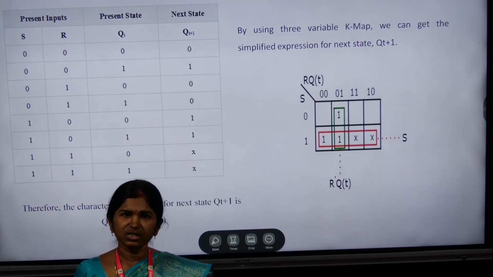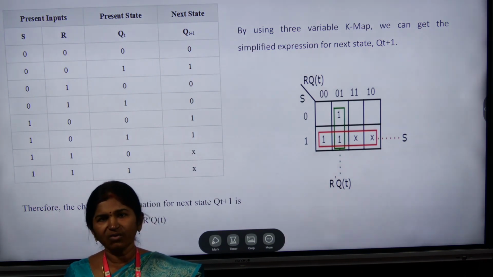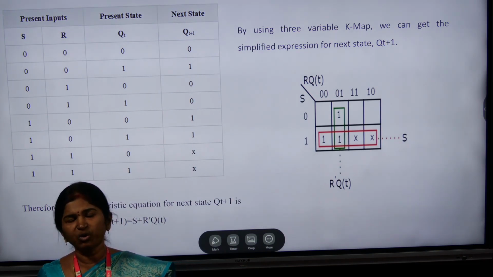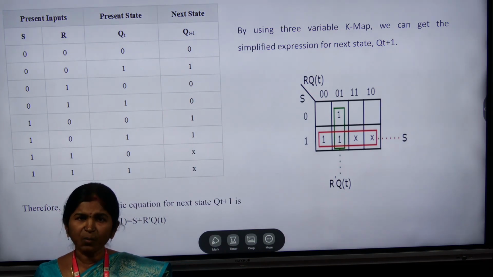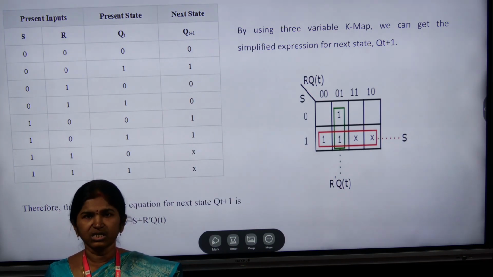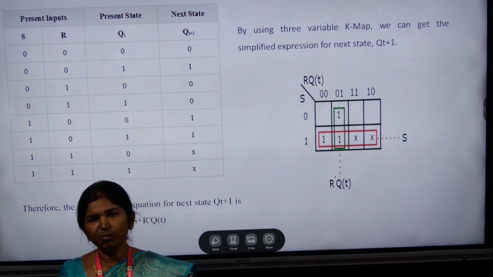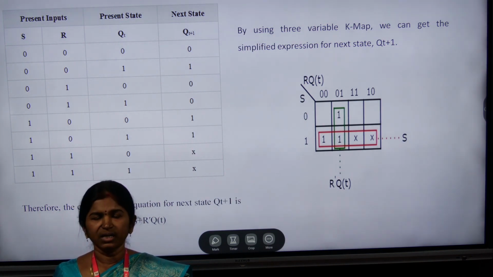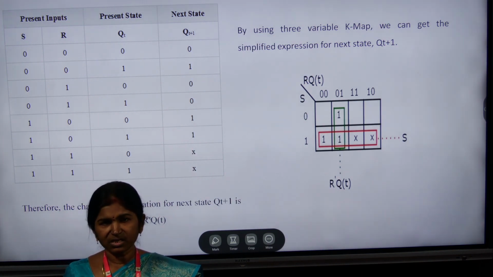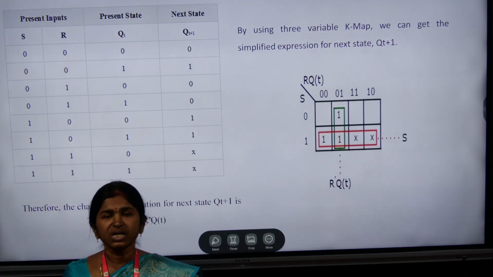When I give S as 0 and R as 1, the flip-flop is reset, output value is 0. Next, when I give S as 1 and R as 0, the flip-flop is set. So when S is 1, the flip-flop is set, and when S is 0, the flip-flop is reset.